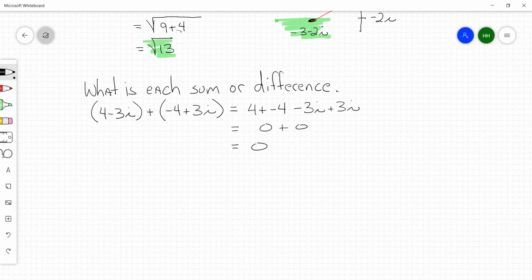Terrible first example. Let's try 5 minus 3i plus 4 minus 4i.